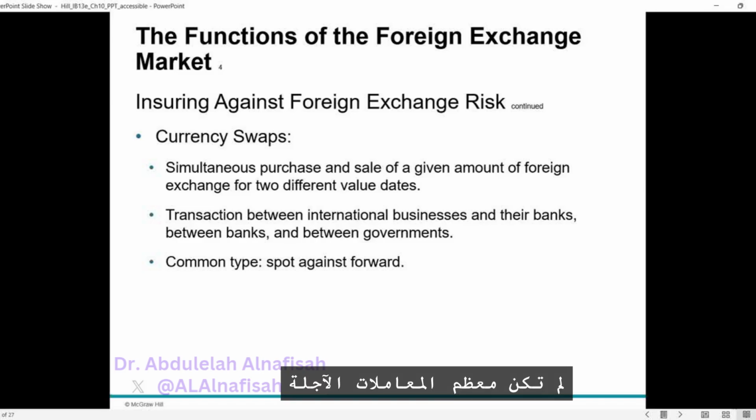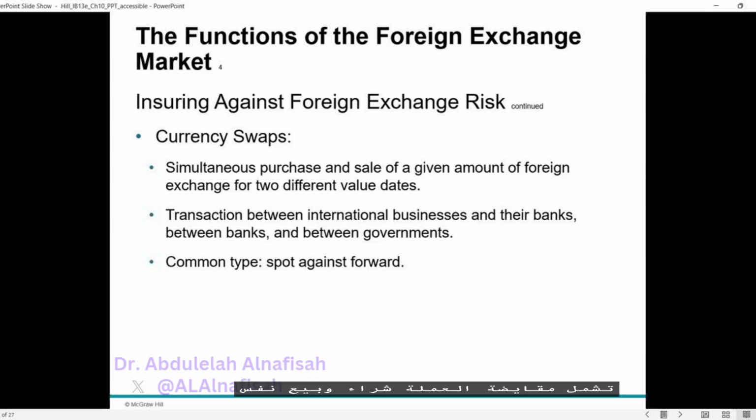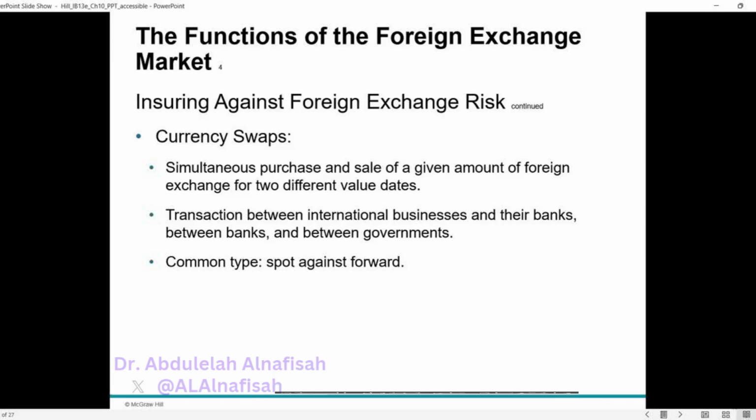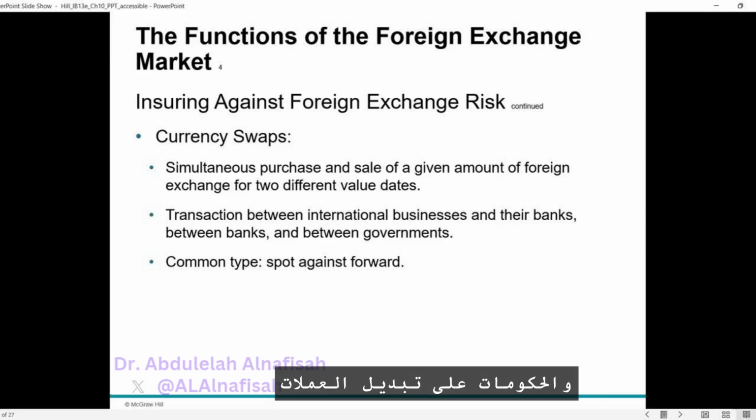However, most forward transactions were not traditional forward contracts, but rather currency swaps. A currency swap involves the simultaneous purchase and sale of the same amount of foreign currency for two different dates. Swaps help businesses, banks, and governments temporarily switch currencies without exchange risk.